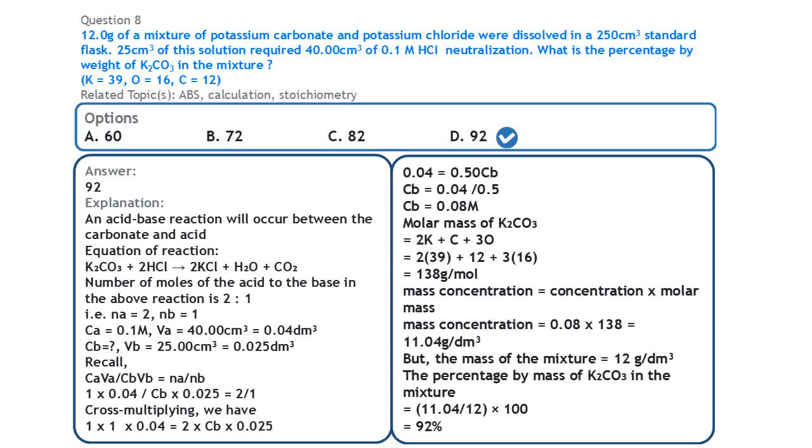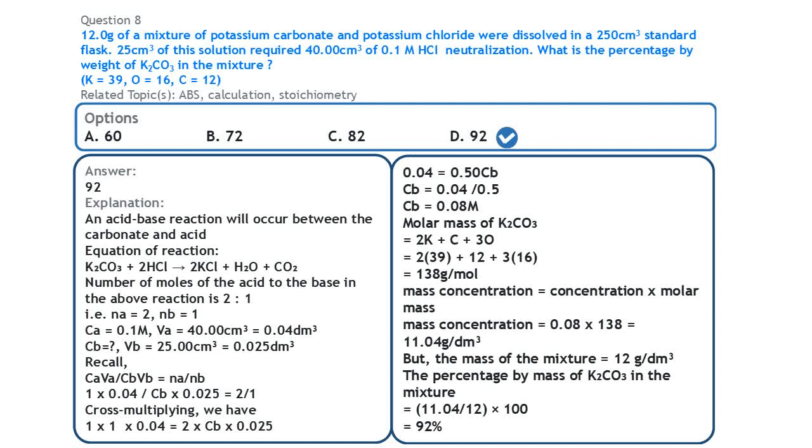So we have a neutralization reaction here. Now from this reaction, if you look at the number of moles of the acid to the base, it is 1 to 2. That is, we have 1 mole of this base reacting with 2 moles of the acid here.